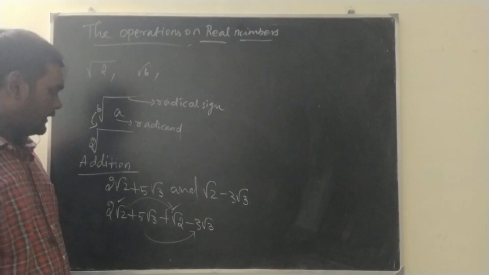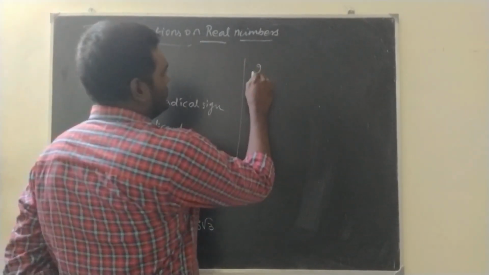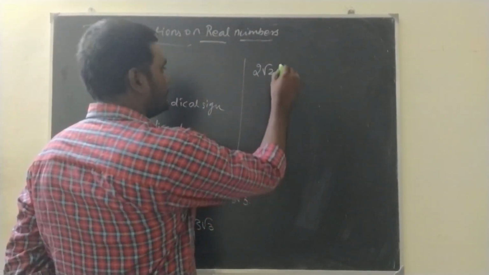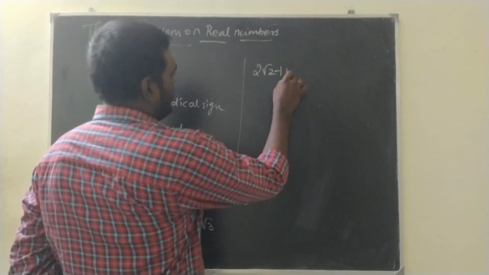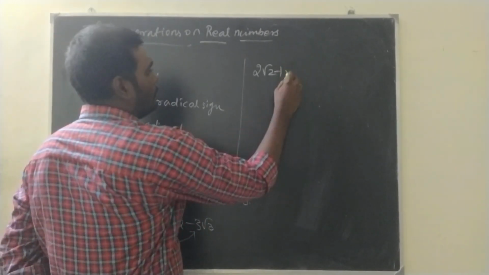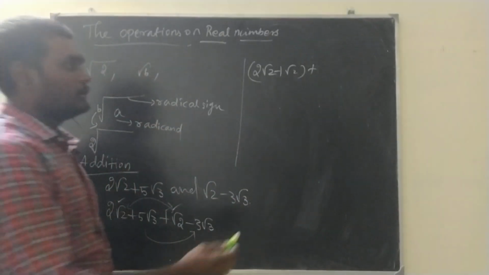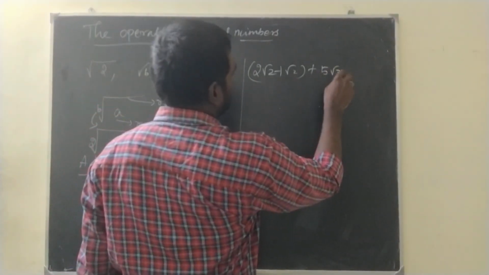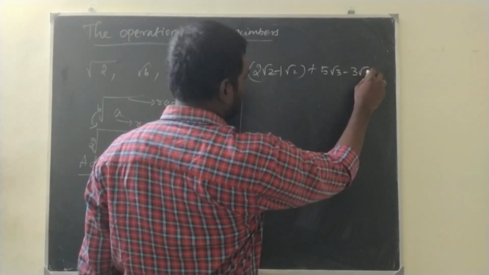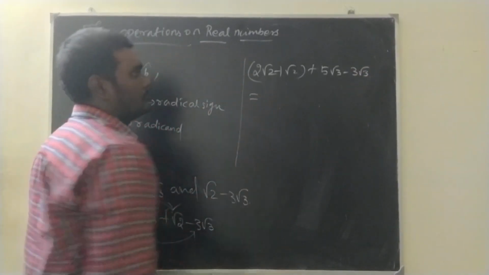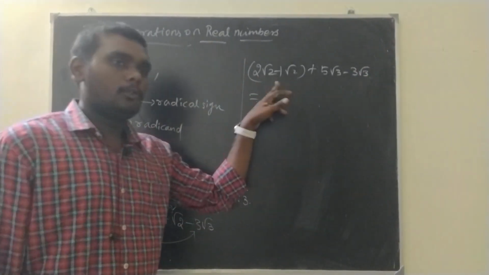So we can regroup this: 2 root 2 plus root 2 plus 5 root 3 minus 3 root 3.